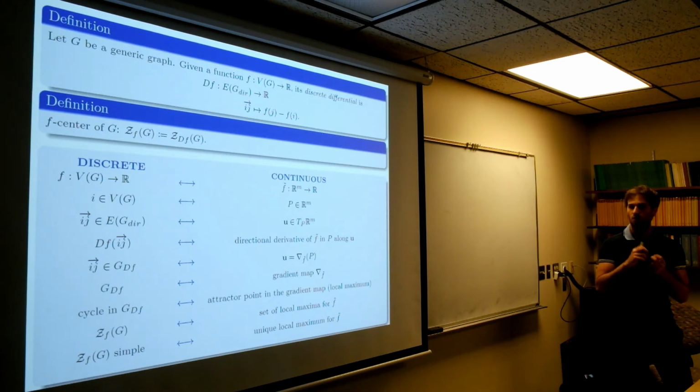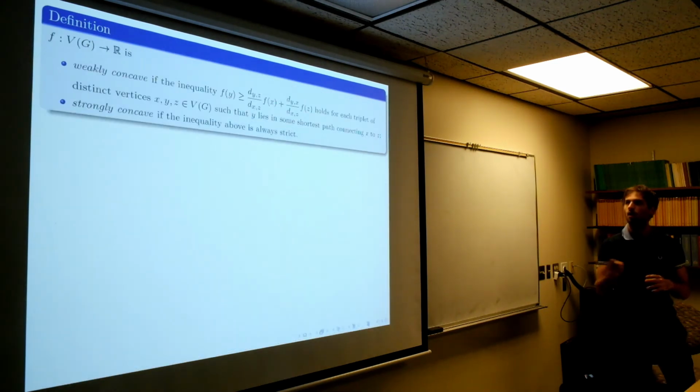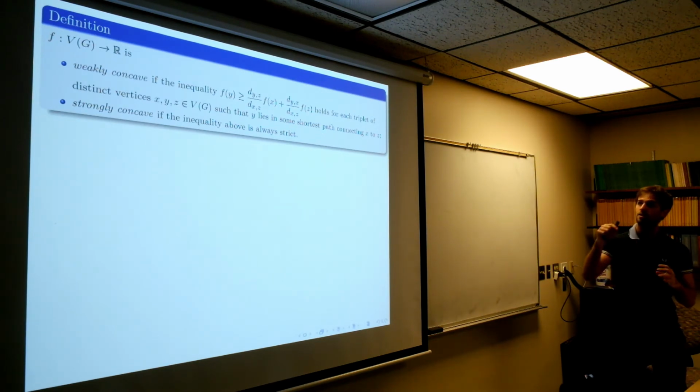indicator that if we want simplicity, actually we need to look at convexity or concavity, and this is what we will do. So we take a function f from the vertex set of a graph to R. We say that it is weakly concave if whenever we have a triplet of distinct vertices x, y, and z, such that y lies in some shortest path connecting x to z, then f of y, f of the vertex in the middle, is more or equal to f of x times some weight plus f of z times some weight.